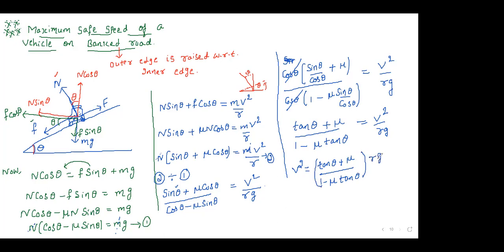If I want only v, if I want to remove that square, I can write it as root of tan theta plus mu, whole thing divided by 1 minus mu tan theta, into rg. So this is the maximum safe speed. This is the maximum safe speed of the vehicle on a banked road.